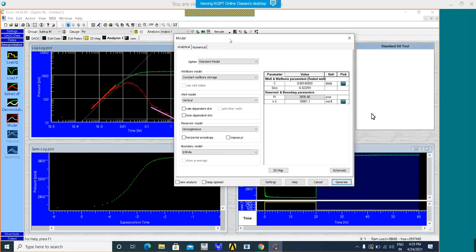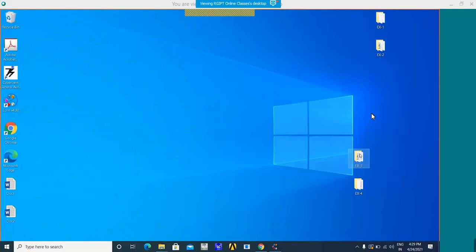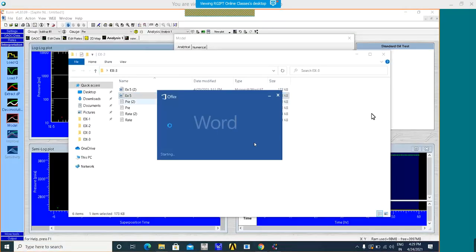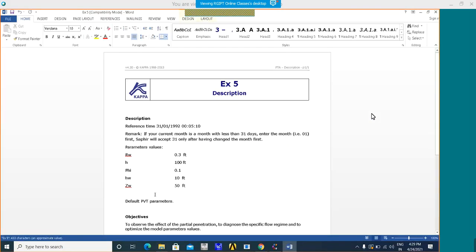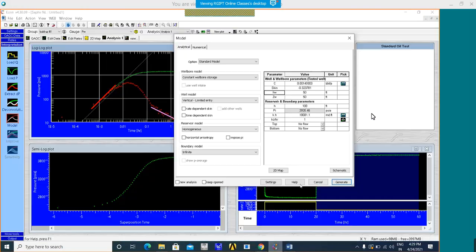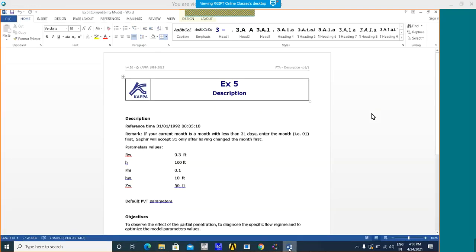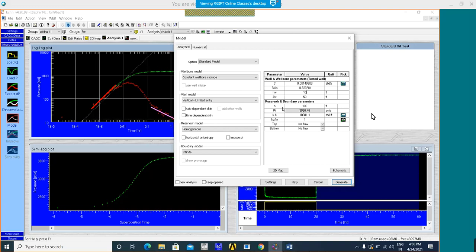In this table, HW is given, but we already have the HW value. I think HW was 10 feet. So let us feed 10 here. ZW was 50 feet, so keep it 50.